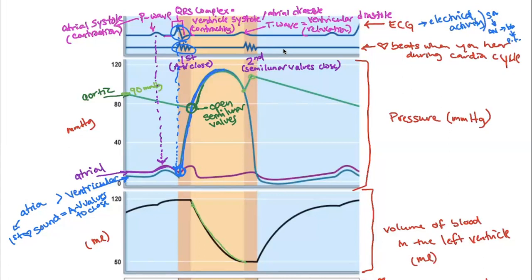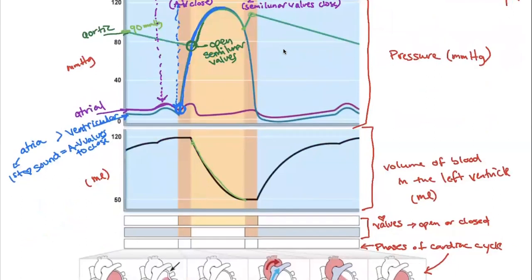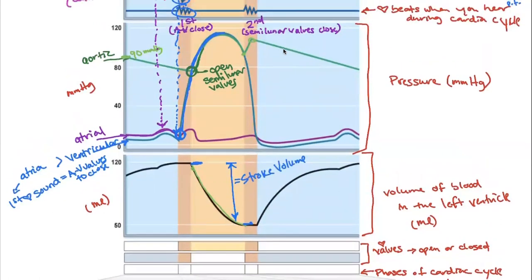And if you look down, this is that same period here where blood is ejecting out of the heart, and that is equal to stroke volume. Stroke volume is the volume of blood ejected from the heart during the contraction period. So here's the contraction period, and it ends here, and that is when the blood is being ejected here and here.